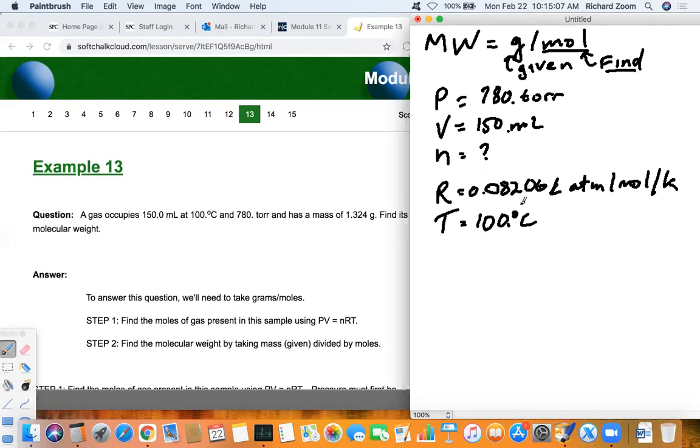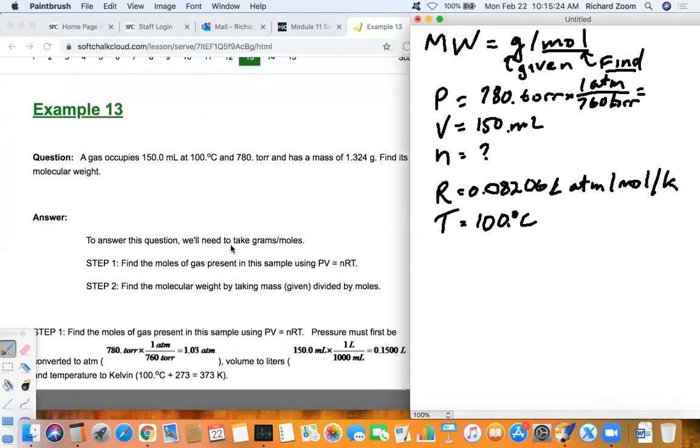So as you can see, nothing is in the unit it needs to be. We need to get this into atmospheres, and we do that by doing 1 atmosphere over 760 torr. And that comes out to be 1.03 atmospheres.